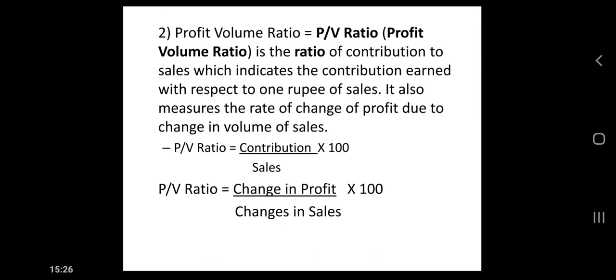Profit volume ratio, also known as PV ratio. It is the ratio of contribution to sales which indicates the contribution earned with respect to 1 rupee of sales. It also measures the rate of change of profit due to the change in volume of sales.